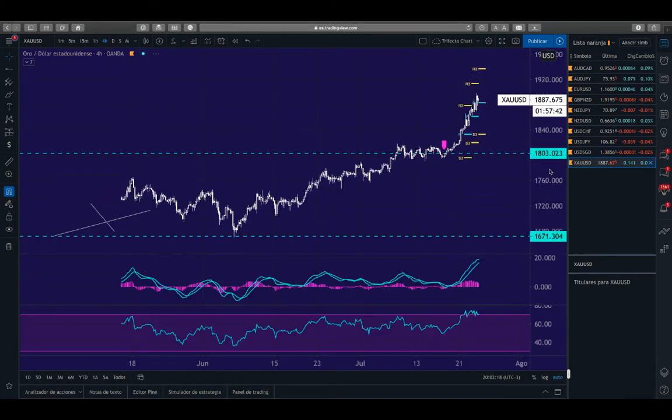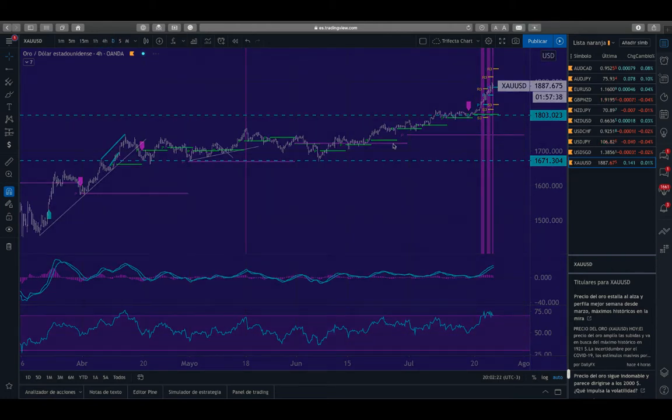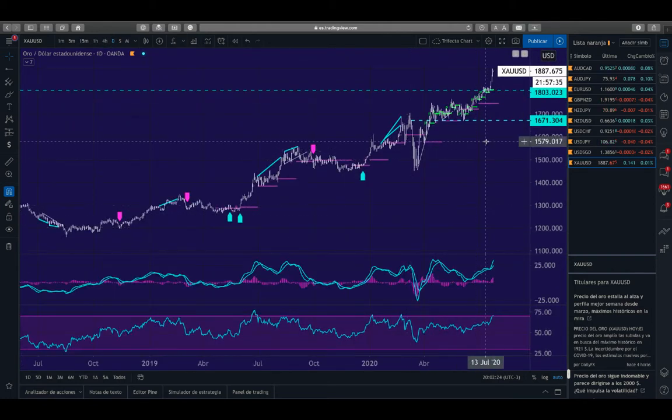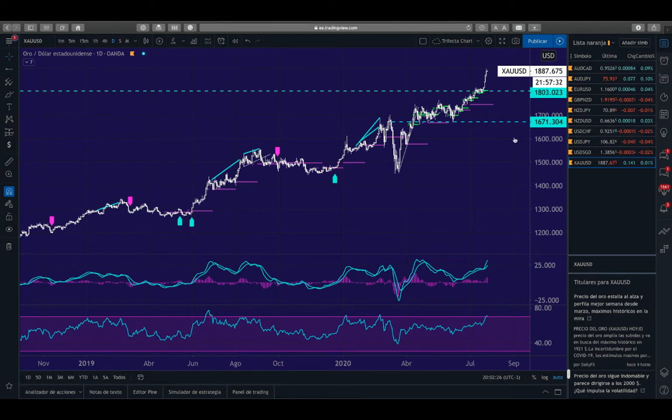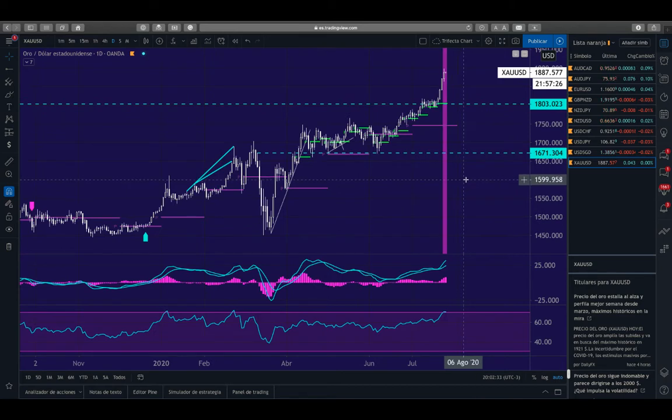And now, as we've talked before about the Swiss franc, gold as well is a safe place for investors and traders.